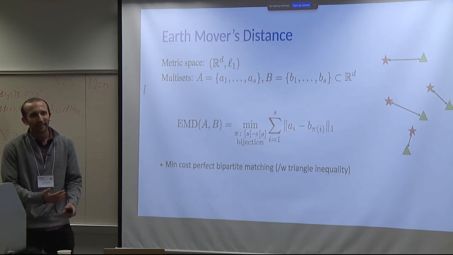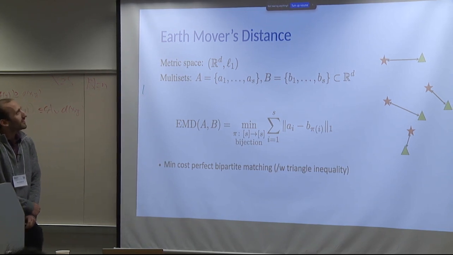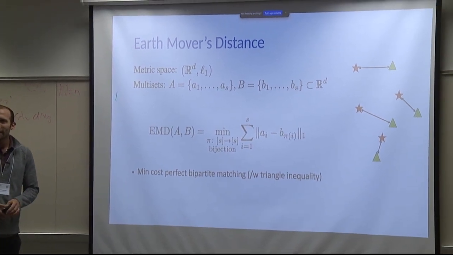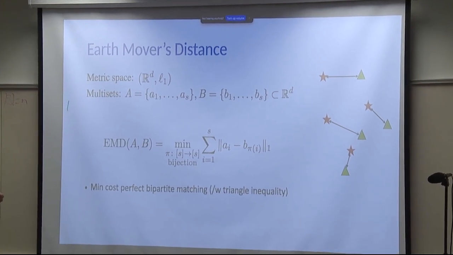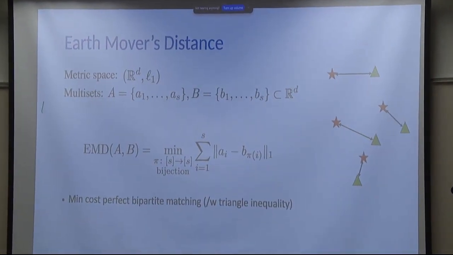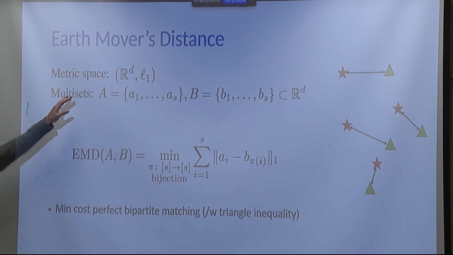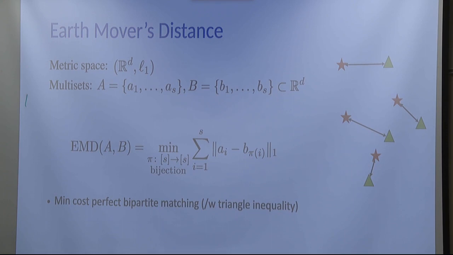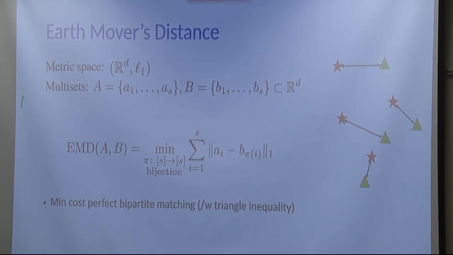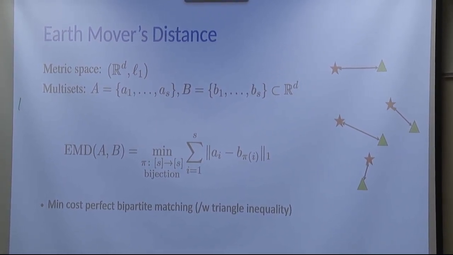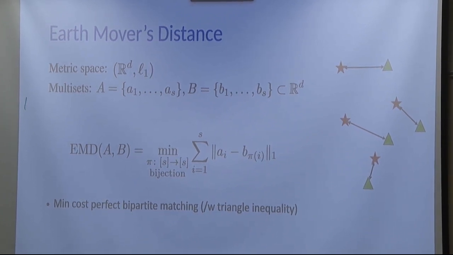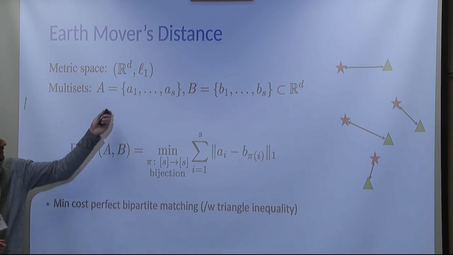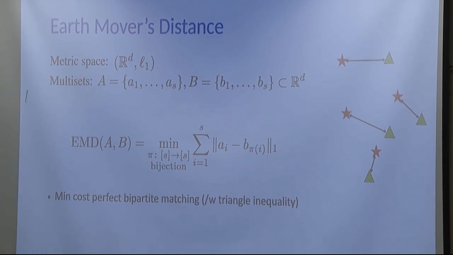And I'm just going to define what the Earth mover distance is. The Earth mover distance is a metric defined over some ground metric. So first things first, our underlying ground metric is always going to be R^d with L1. And then the Earth mover distance is a metric over subsets of R^d with L1. In particular, the inputs, the points, when I talk about points I'm really talking about multisets A and B, so a_1 through a_s, these are vectors in R^d.